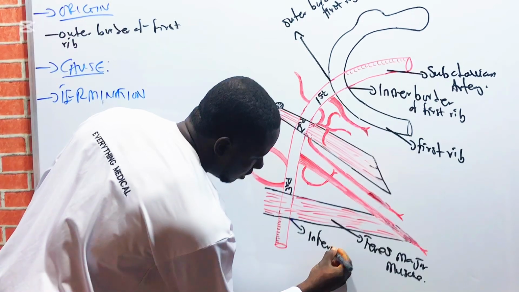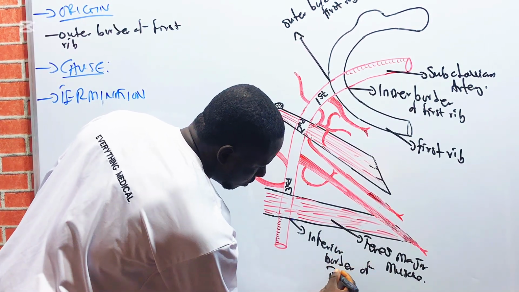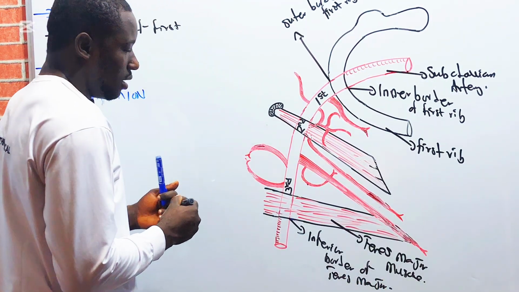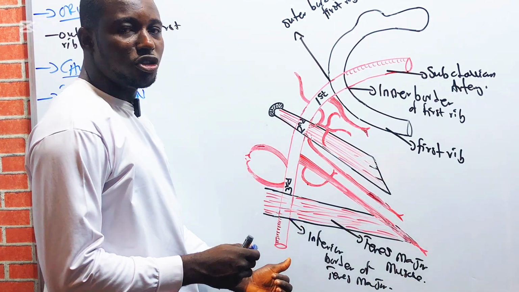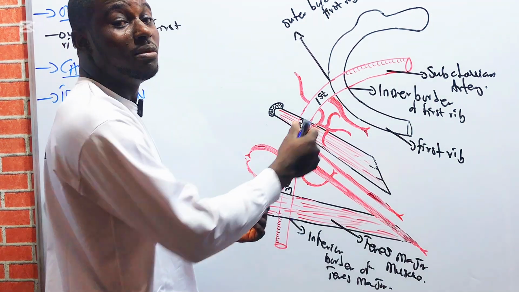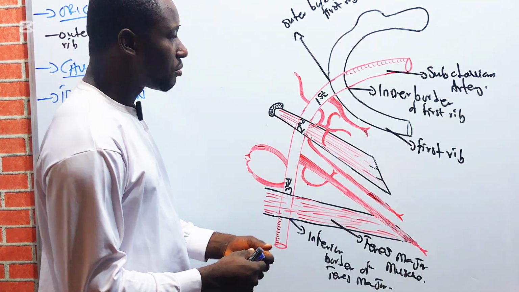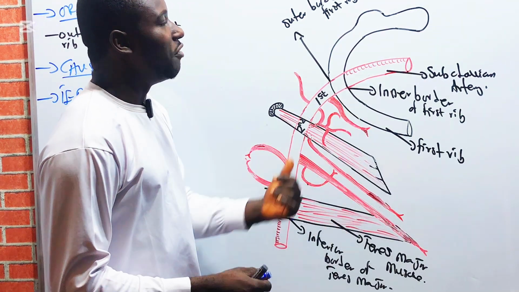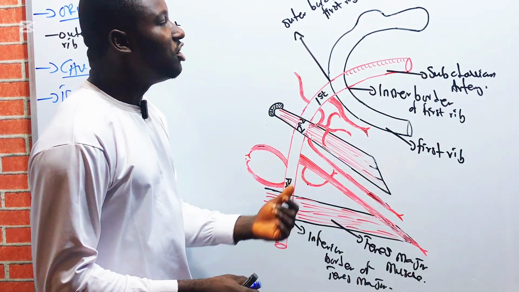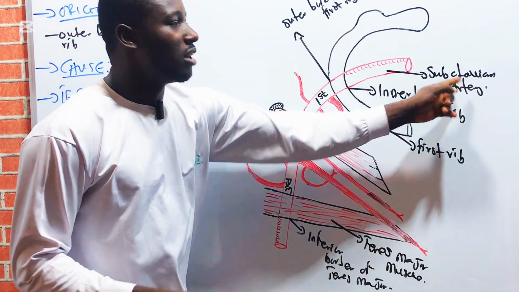It is a landmark, because it indicates the termination of the axillary artery, which gives an origin of the brachial artery. The outer border of the first rib is a landmark because it gives an origin of the axillary artery, which indicates as well the termination of the subclavian artery.